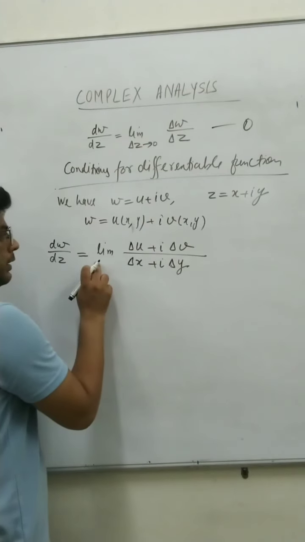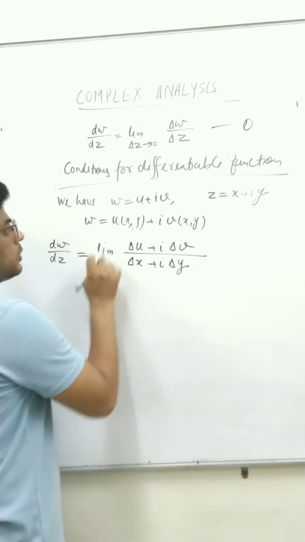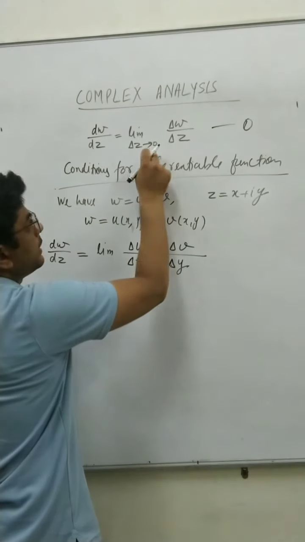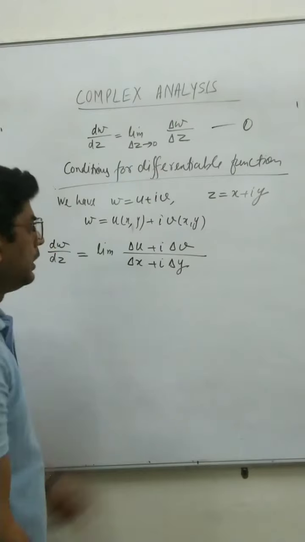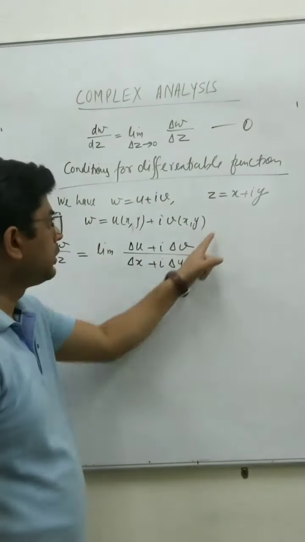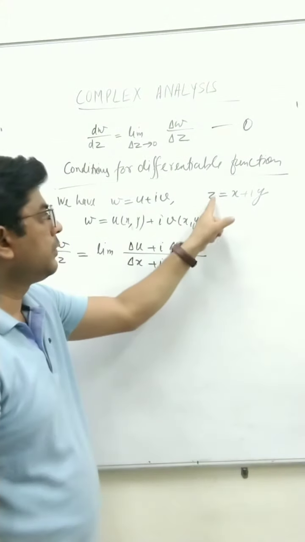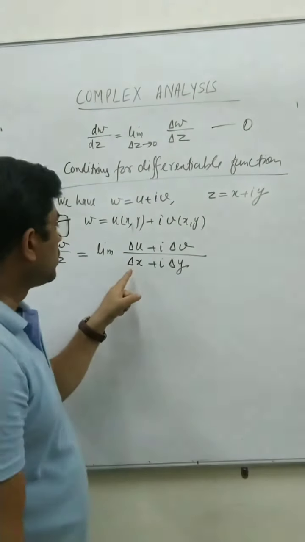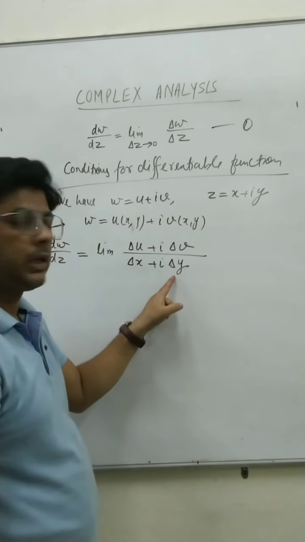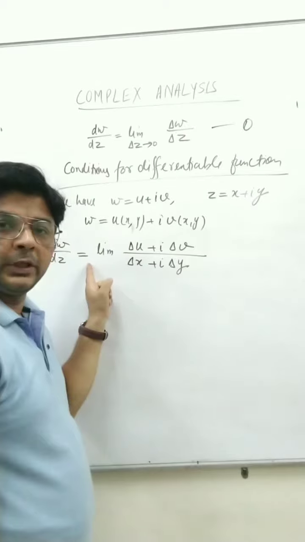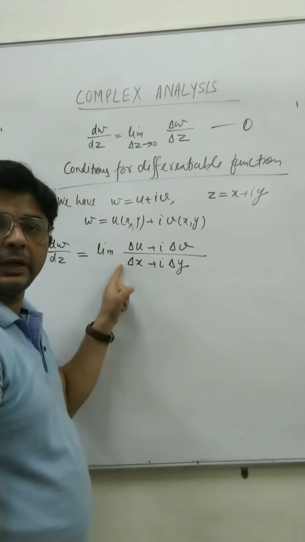Now we have to write the limit. Since we have put z equal to x plus iy, there is no Δz here; we have Δx and Δy, so we have to write the limit in terms of x and y.